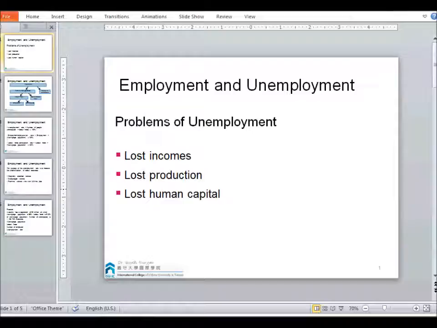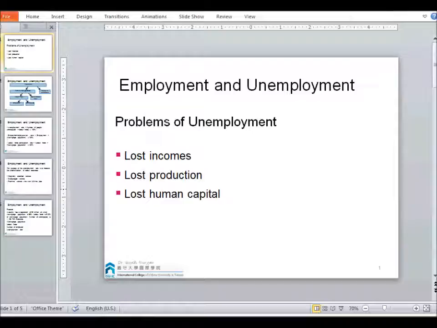And of course, unemployment benefits cover some of that lost income, but they don't cover everything, and very often they are only temporary. Another problem is lost production, because those who are unemployed, their labor is not used in the production of different goods and services that make up the gross domestic product of our country.